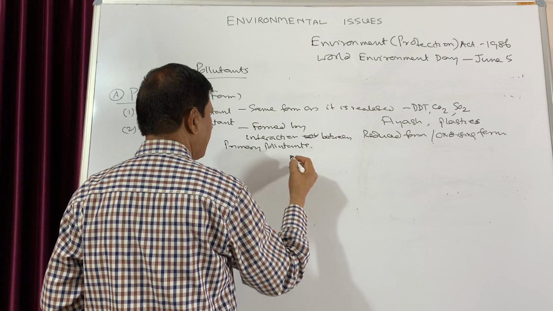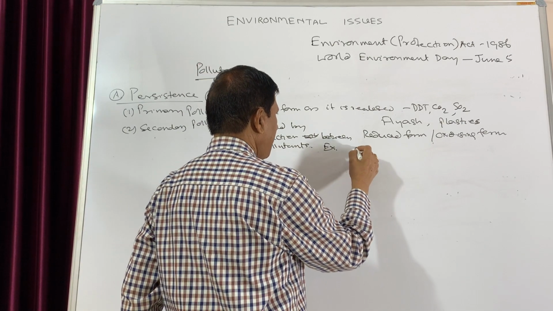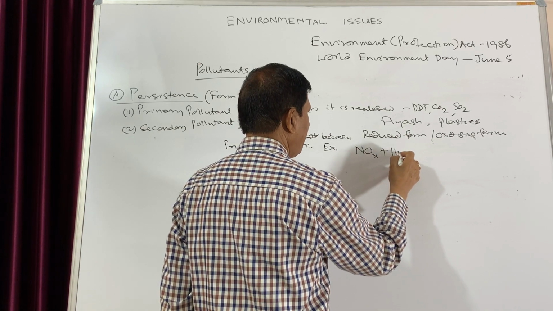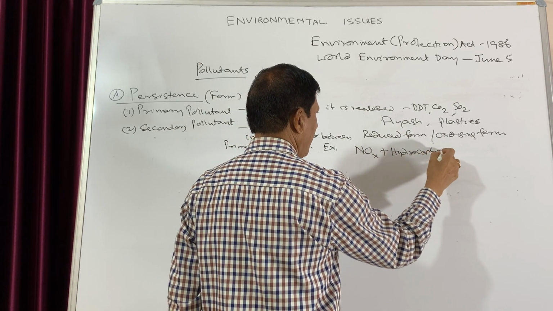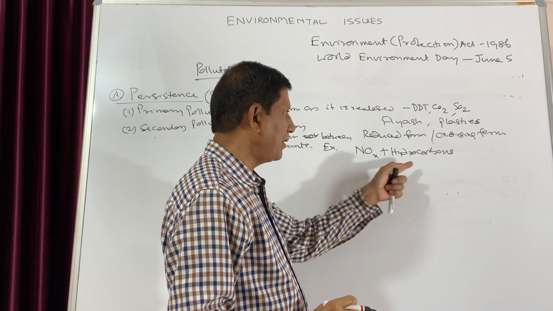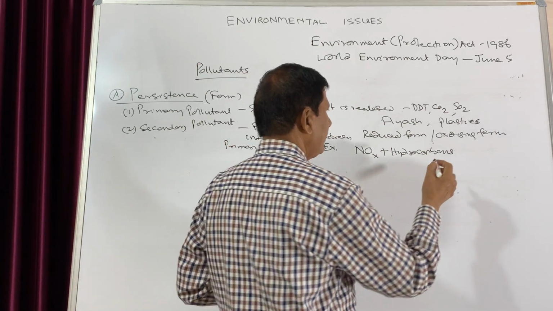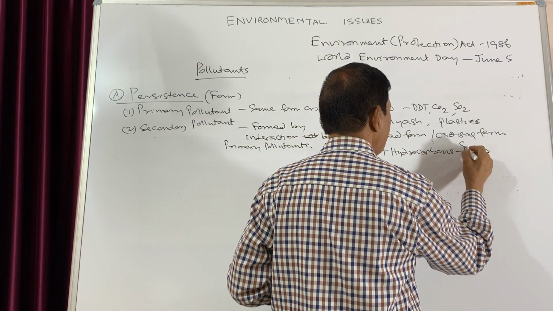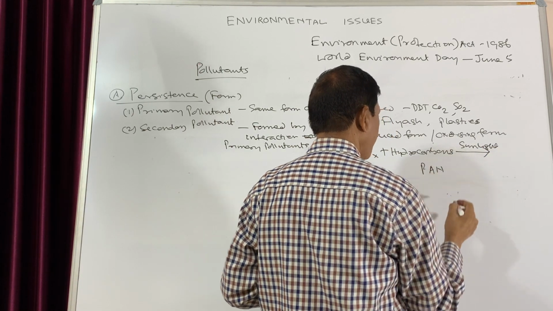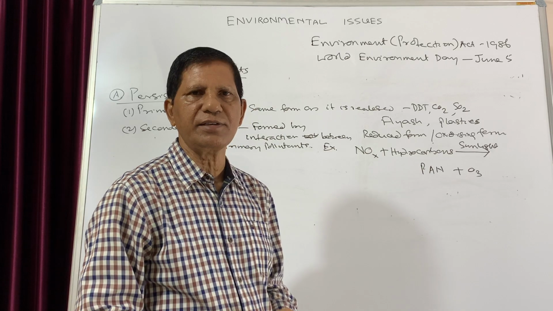One of the best examples in this case is the different oxides of nitrogen. The oxides of nitrogen combine with different hydrocarbons, and both of them are released from automobiles. So these two are primary pollutants released from automobiles, and they interact with each other in the presence of sunlight to give rise to PAN and ozone, and both of them are secondary pollutants and very dangerous.